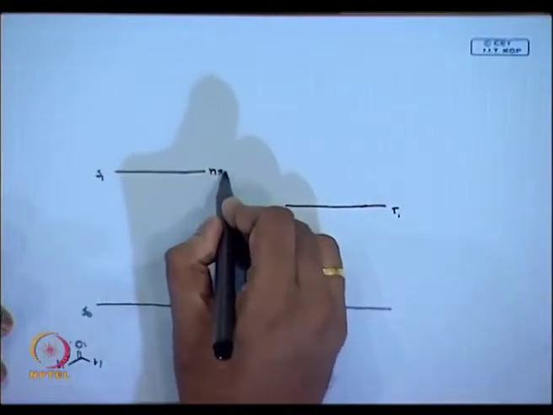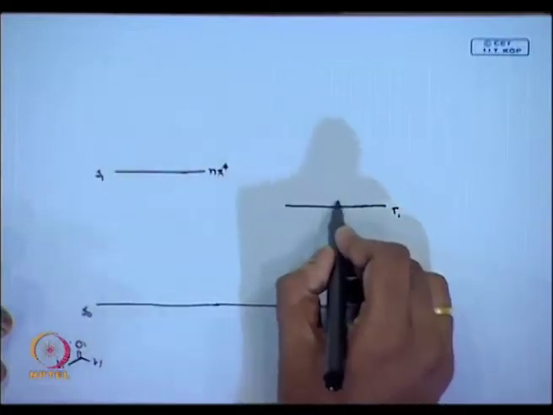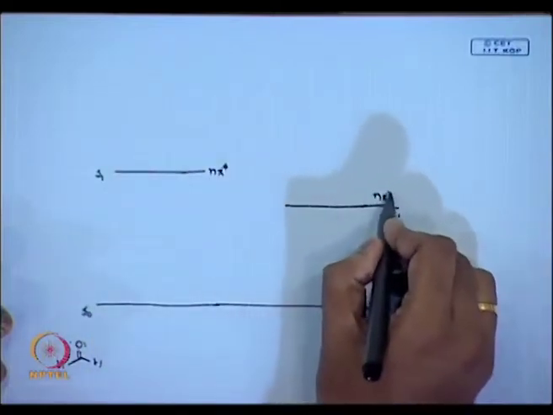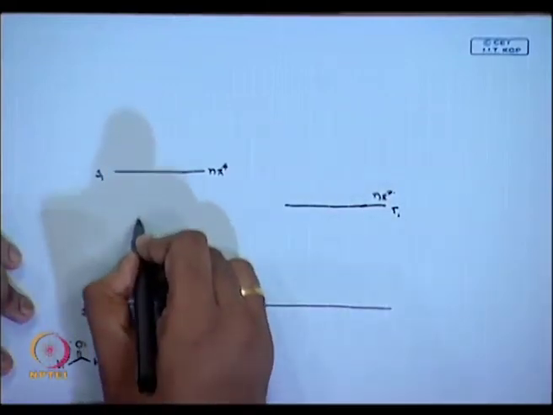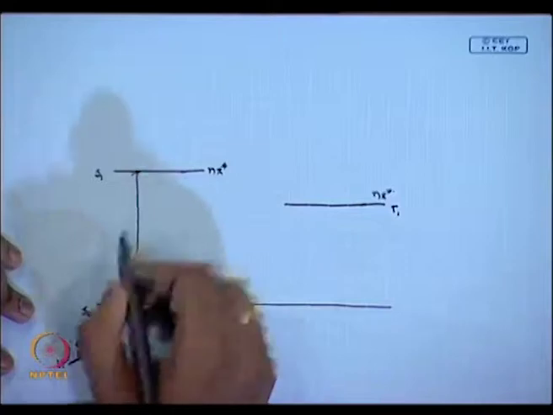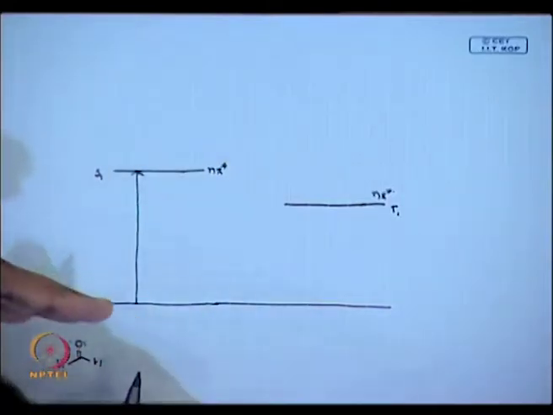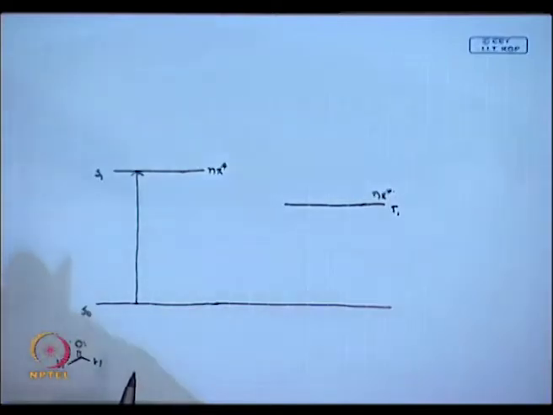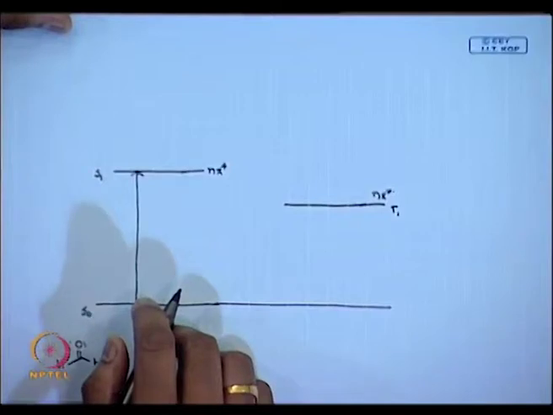This is the n pi star transition. You can write it on the top, that is also not a big problem. So, you have an S0 to S1. Once the light shines, your non-bonded electron goes to a pi star, the n pi star transition takes place.